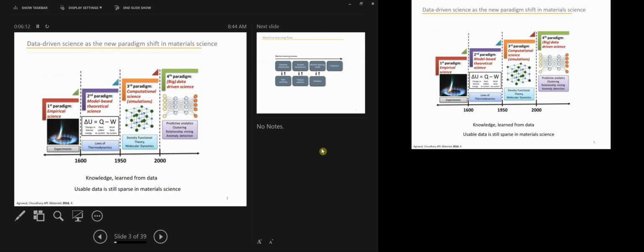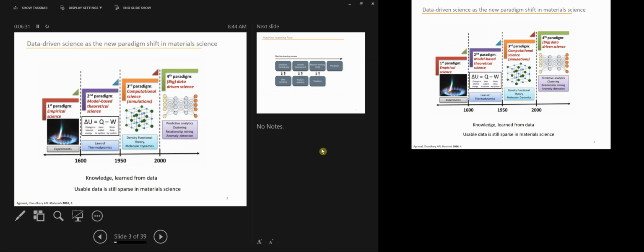But as a matter of material science, all of these social networks and also social sciences have plenty of data that have enabled them to build sophisticated machine learning for quite a while. But we don't have that privilege in material science yet.